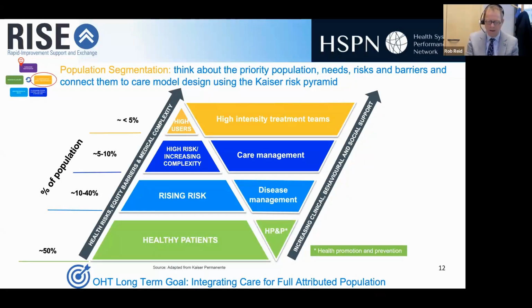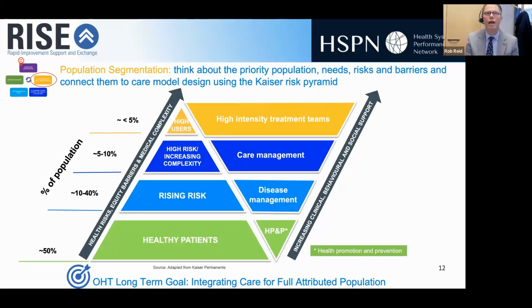This picture represents an overall representation of a general population segmented into four different groups: healthy patients, rising risk, increasing complexity, and high users. And as you move up this pyramid, luckily the size of the levels shrinks.